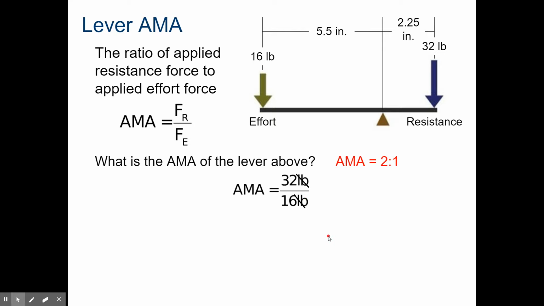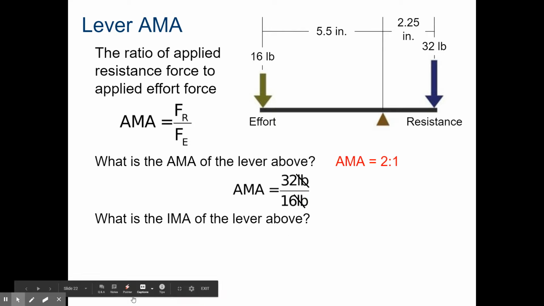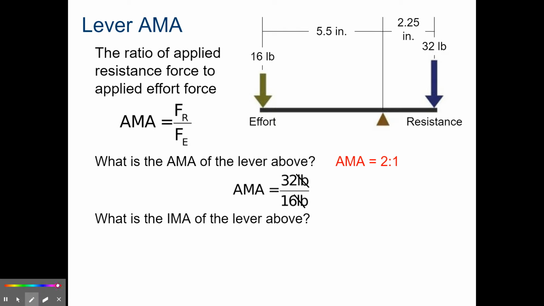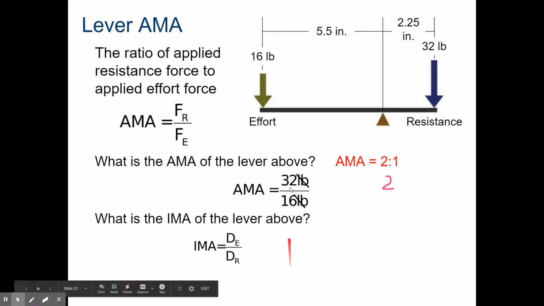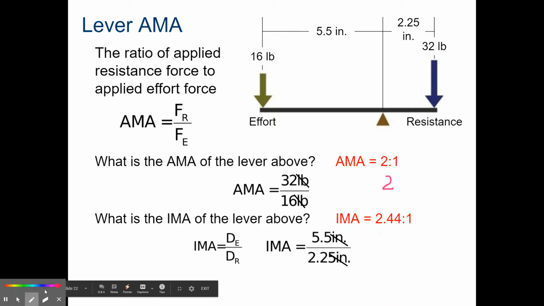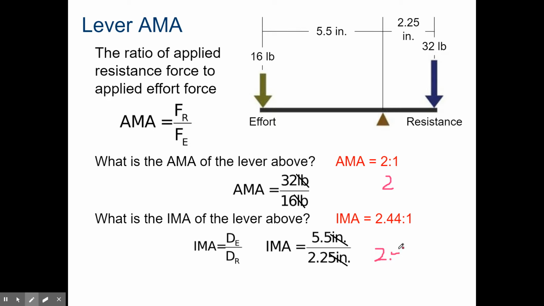AMA is 2 to 1, or just 2. Now, IMA: effort distance, 5.5, resistance distance, 2.25. That's 2.44 to 1, or just 2.44. Notice the units for both of these cancel each other out. AMA and IMA are unitless. There will be no units on AMA and IMA.